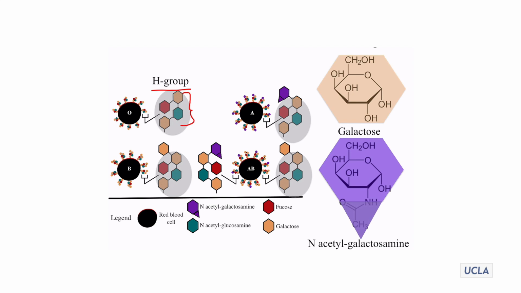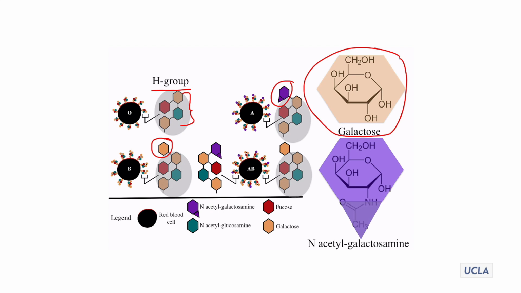Now, on top of that 4-sugar chain, you can have added an additional sugar. Depending on the type of sugar you have, that's going to determine whether you have A blood or B blood. So we have this last sugar that we're adding, and in the case of B blood, it's called galactose, and it's a 6-chain sugar shown molecularly here.